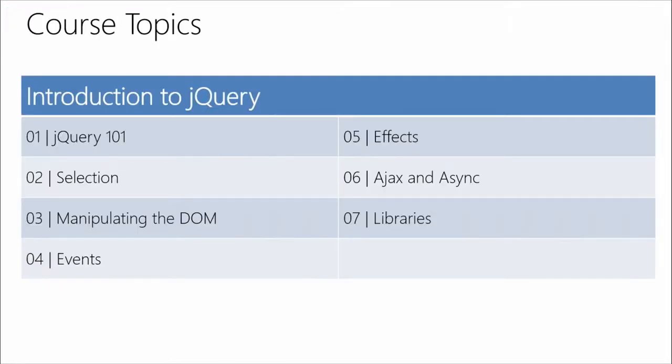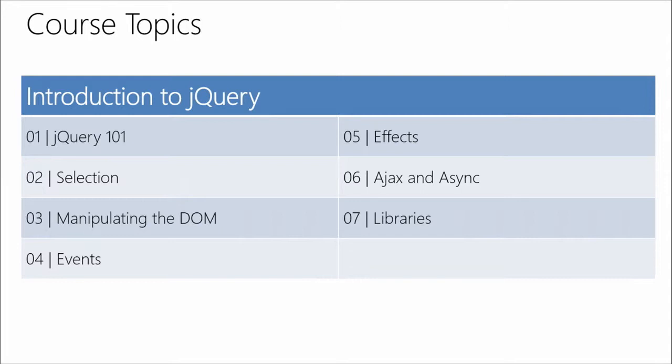So let's get a little bit of an overview of the day. Rachel, you want to help me with this one? Yeah, sure, of course. Starting out with the intro is our first module, where to get it, what it is, all that good stuff. Then we'll start with selection, which is the core pieces of working with jQuery. Then on to manipulating the DOM, an extension of the core parts.